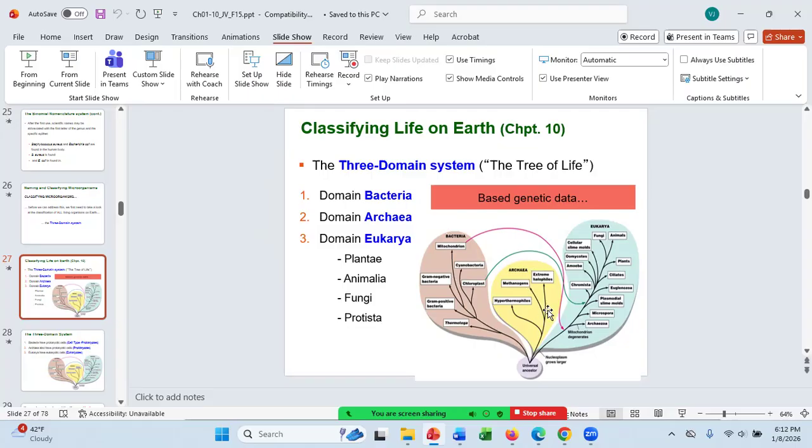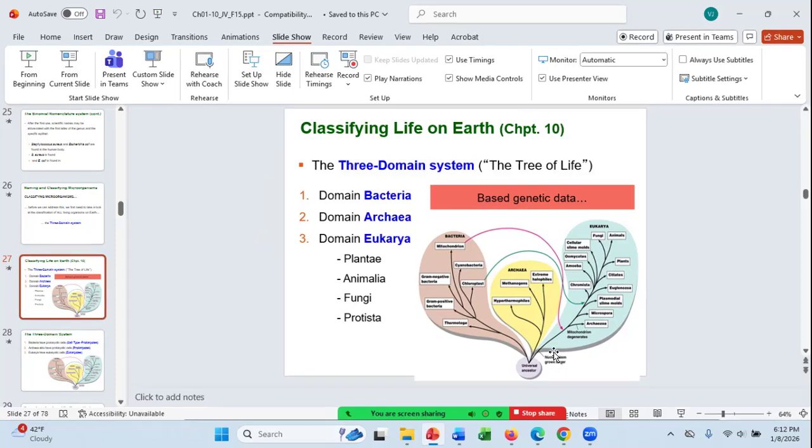In fact, the archaea are slightly more similar to the eukaryotes than they are to the bacteria, and that's because the archaea and the eukarya had a common ancestor for a longer time than the bacteria and the archaea, or the bacteria and the eukarya, meaning the bacteria separated first, the archaea and the eukarya continued for a short time with the common ancestor, and then broke into two different domains.